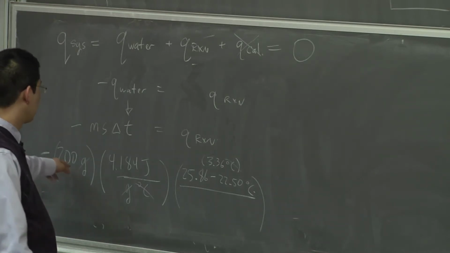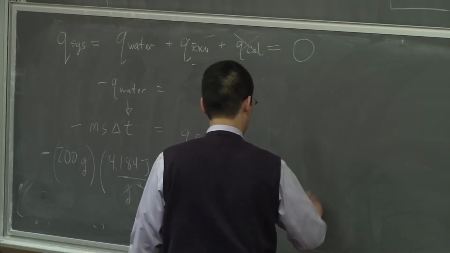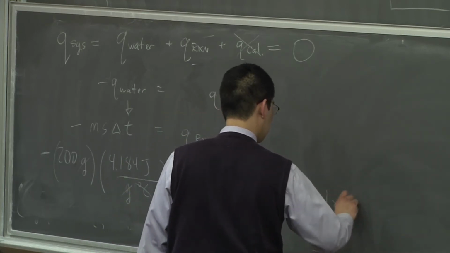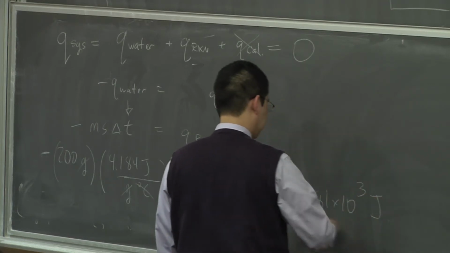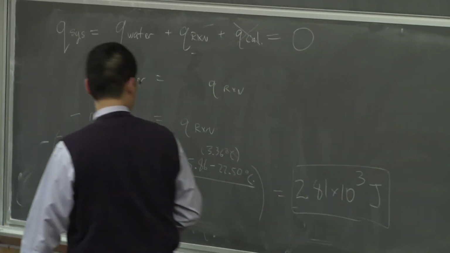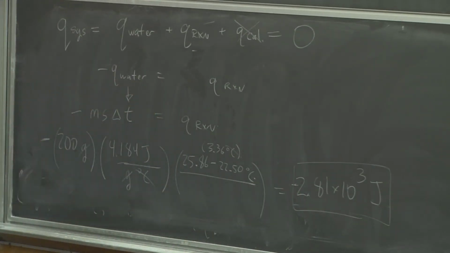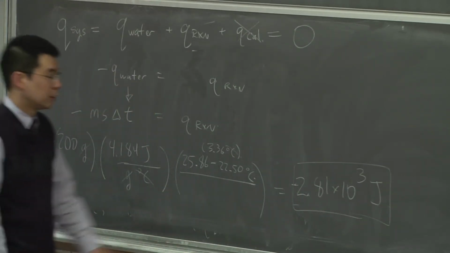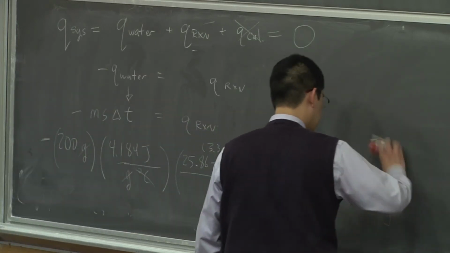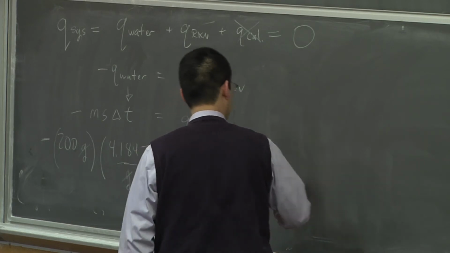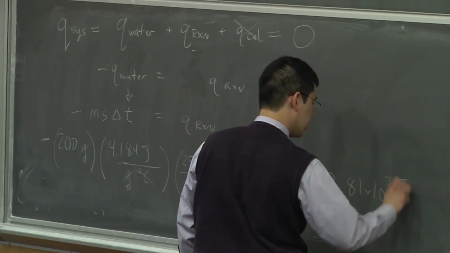In this case, it's going to be 2.81 if we assume these are all significant, equals 2.81 times 10 to the third joules. So that's negative, equals Q of the reaction. So let's make that negative real big. Equals negative 2.81 times 10 to the third joules.